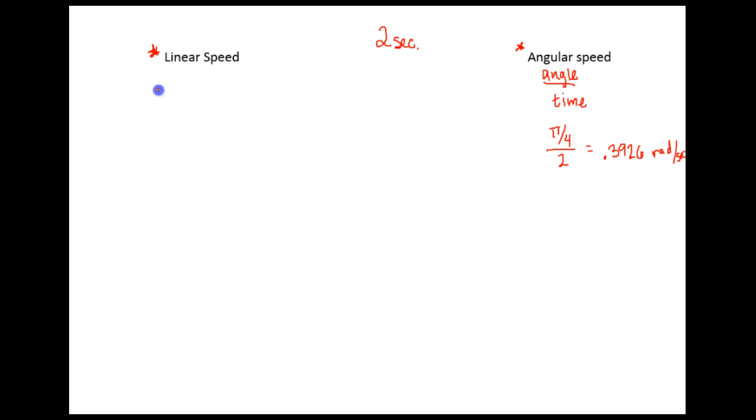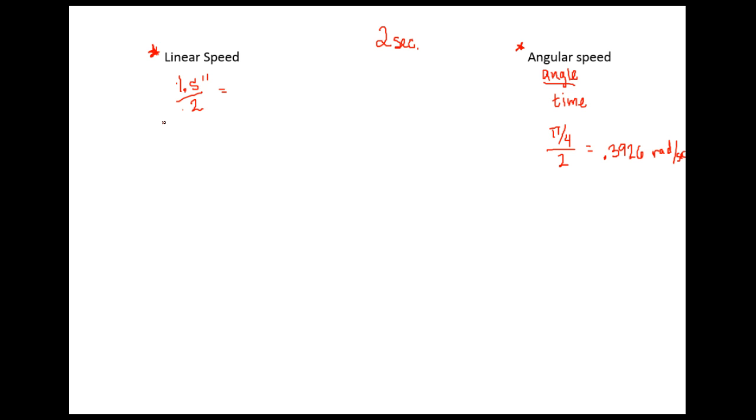My linear speed is how many inches per second I've traveled, not how many radians per second. So if I look at my distance, I traveled 1.5 inches every time that I rotated. It took me 2 seconds to travel those 1.5. So I'm taking 1.5 inches, my distance that I traveled on the ground, divided by 2 seconds, the amount of time it took me to rotate.